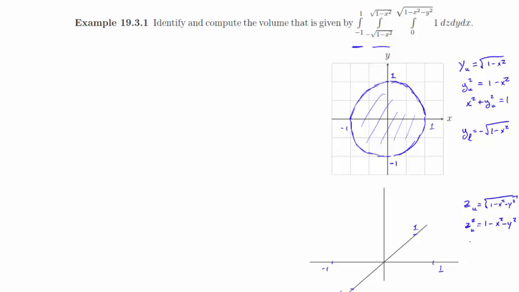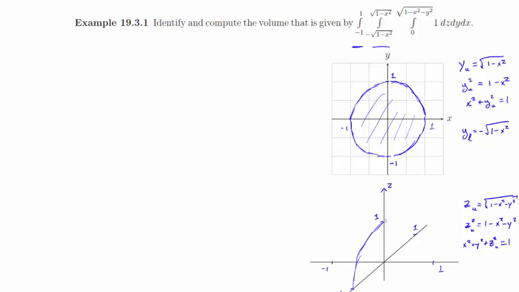So we get x squared plus y squared plus z squared, z upper bound squared, equals 1. And we see that that's just the top half of a sphere, since we're doing just the positive square root here. And it's a sphere of radius 1, so I can just put a 1 in my z direction. And this is going to come down.